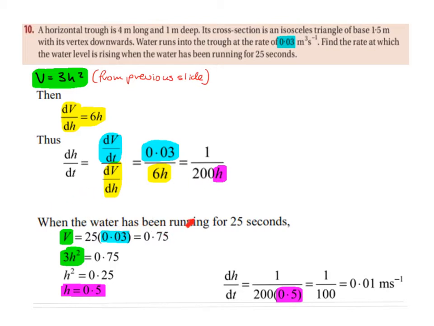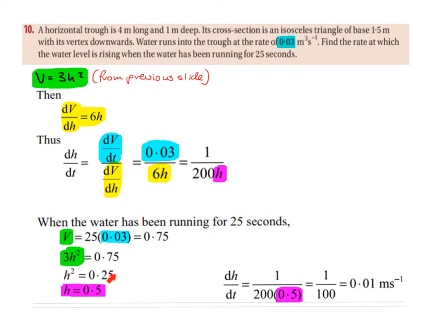So when the water has been running for 25 seconds, V is equal to 25 times 0.03, which is 0.75. So V, we know, is 3h squared. So 3h squared is equal to 0.75. So dividing by 3, we get h squared equals 0.25.